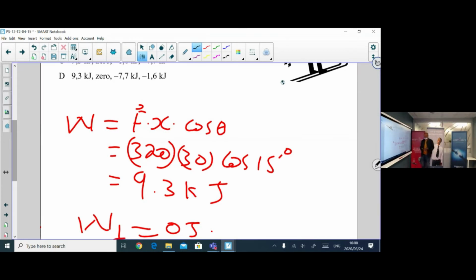That is 320 multiplied by 30, multiplied by cos 15, which equals 9,272.88. We just want to reduce it. That's why I wrote 9.3 kilojoules.